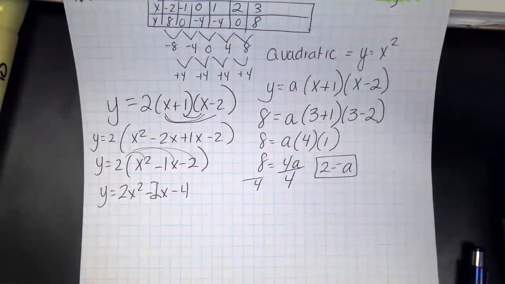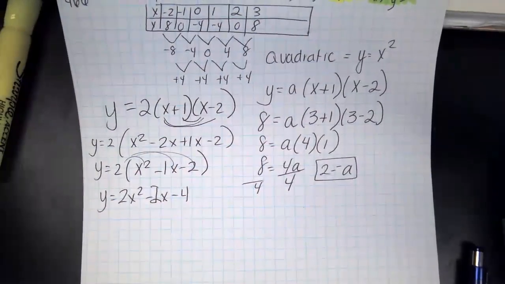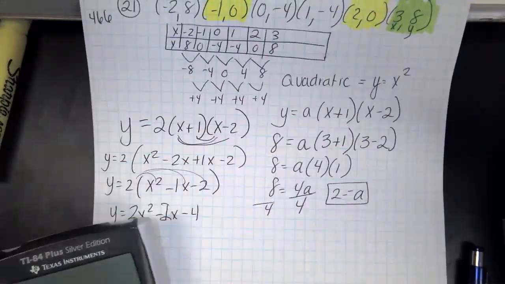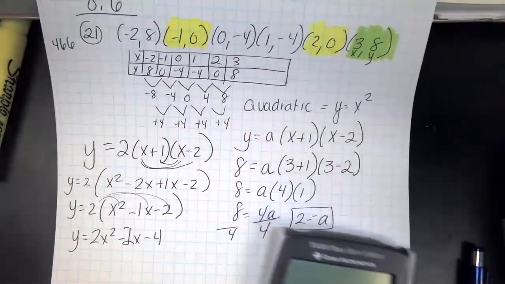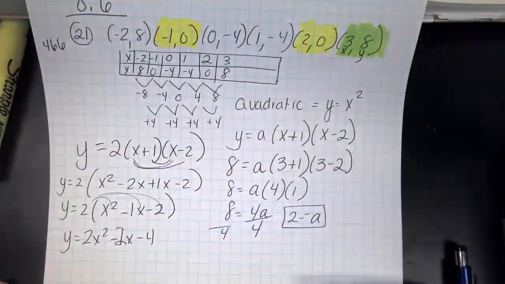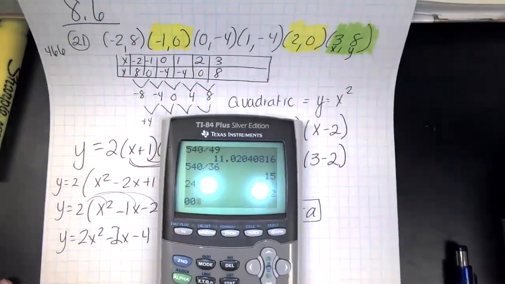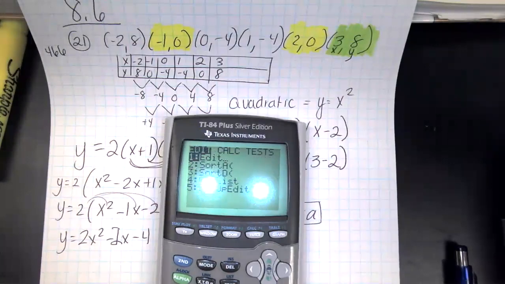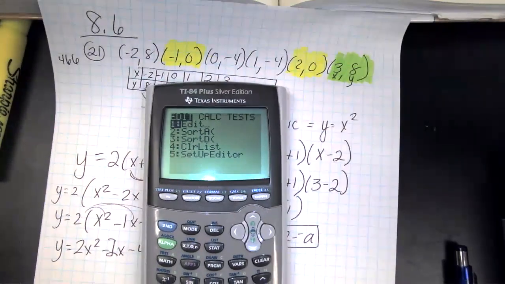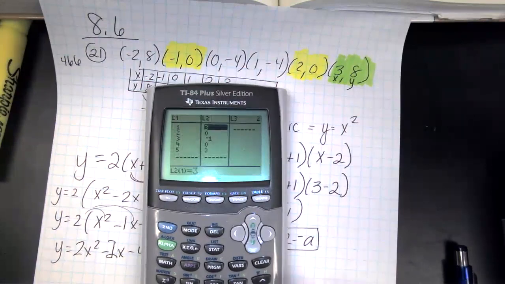Okay, let's do the same thing, but I'll show you how to do it on your calculator. And your calculator will work if you have x and y intercepts or you don't have x and y intercepts. Okay. So here we go. I'm going to go back to stat. Okay, and I'm going to hit edit.